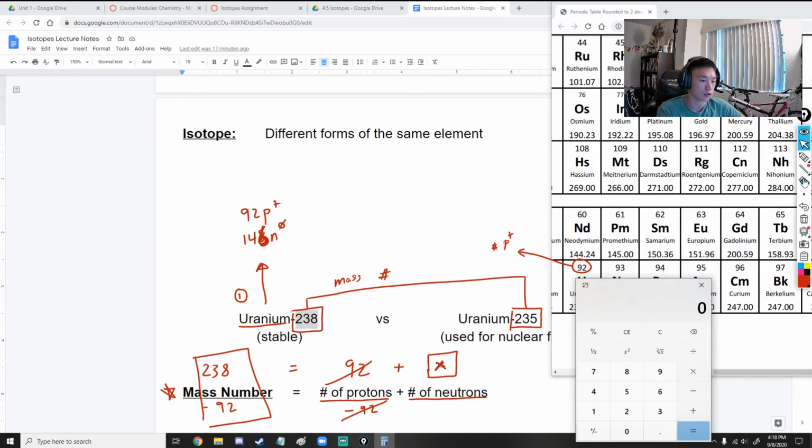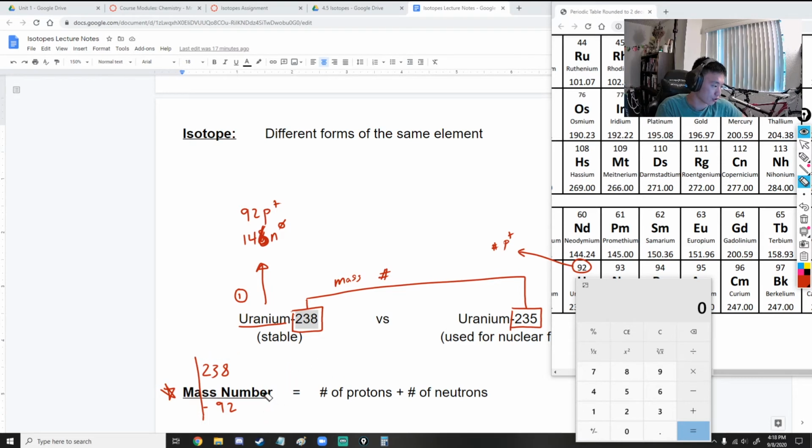Okay, so if you need a little bit of time, you can just pause the video. Alright, so hopefully you're able to figure that out. Let's just plug and chug into the formula. Super simple. Since it's uranium-235, we can just put in 235 right here, equals how many protons?